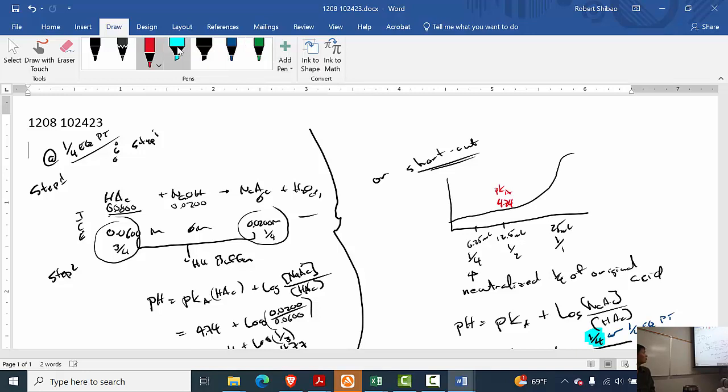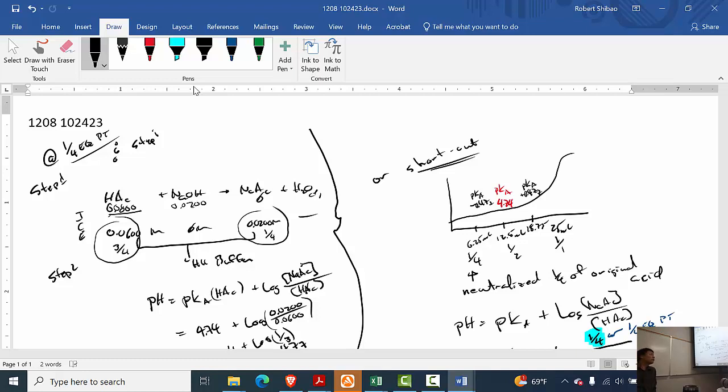At the 3/4 equivalence point, it would be 18.75 milliliters, and it's going to be plus 0.477. So I'll just write that here. I'm going to have pKa minus 0.477. And then over here at the 3/4, it's going to be the pKa plus 0.477.